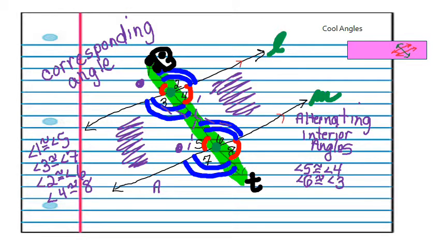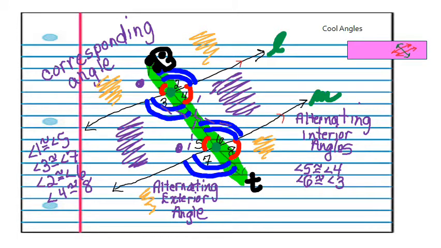Another cool property that happens with the angles are alternating exterior angles. Alternating, jumping, exterior, outside, and maybe you're already beginning to see it, angles are on the, let's do these in yellow, are on the outside of the parallel lines.